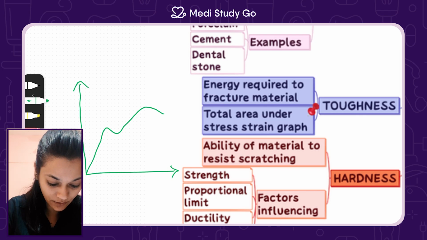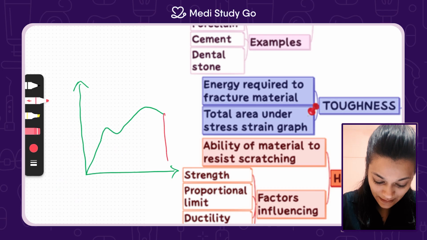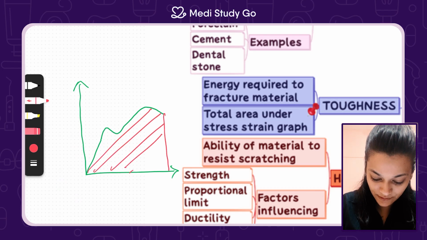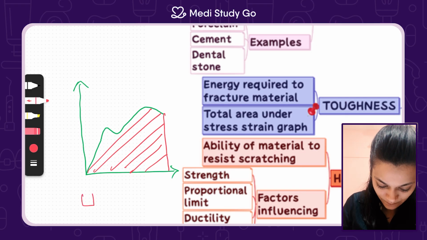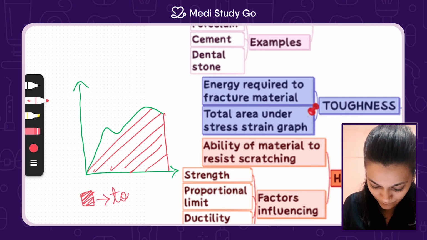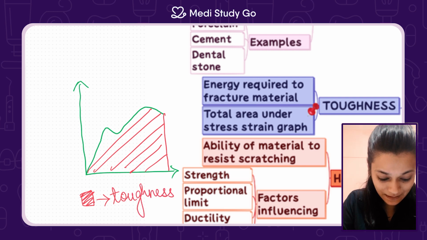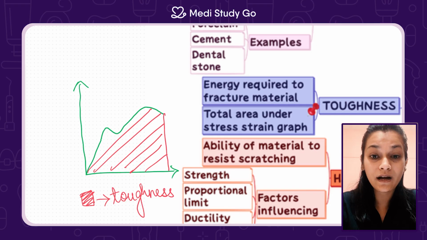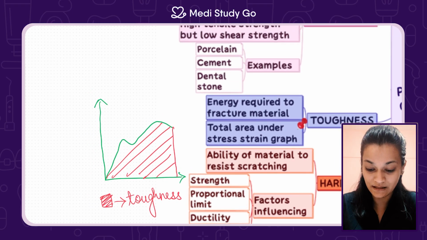So what you see here, this entire area under the graph will be termed as toughness. It's basically the energy that is required to fracture the entire material.